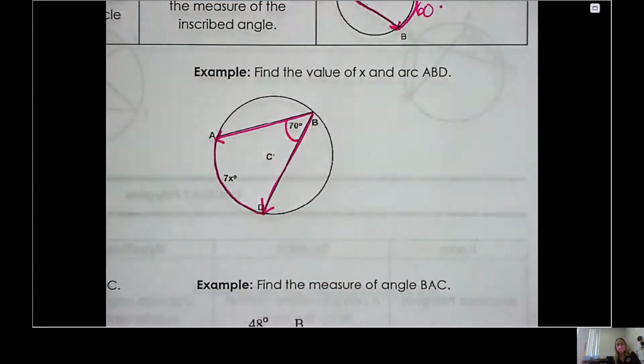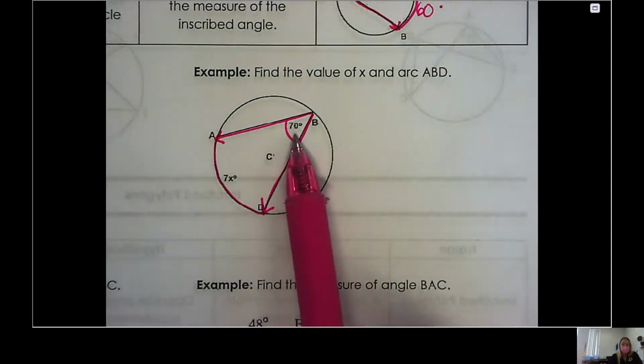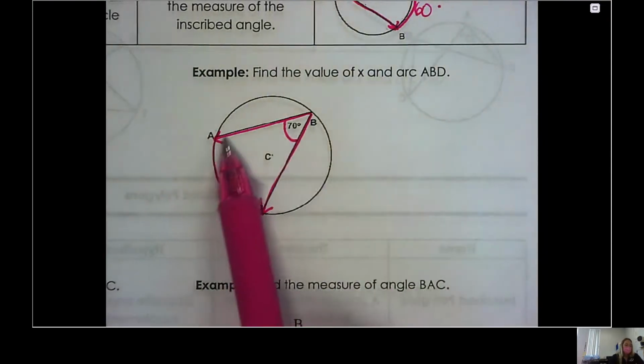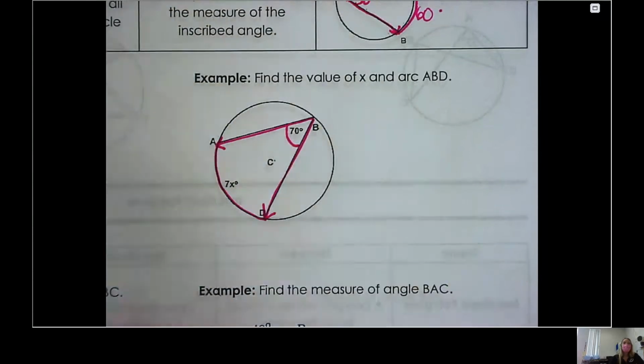Perfect. Now, I've got a little bit of an equation here, though. I know my angle right here is 70, but I know that my arc over here is 7x. What should I do to try to figure this problem out?